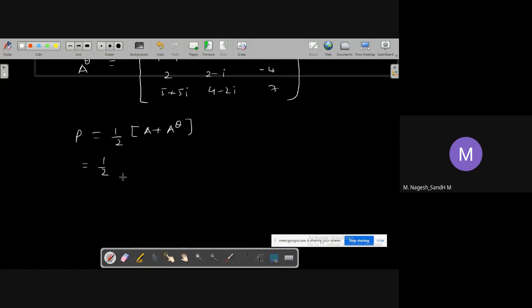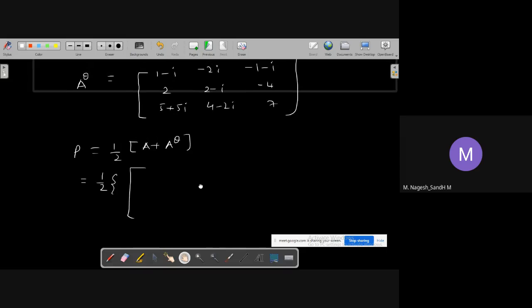Now, 1 by 2, 1 by 2, we will write the A matrix. What is the A matrix? A matrix is 1 plus i, 2, 5 minus 5i, 2i, 2 plus i, 4 plus 2i, next minus 1 plus i, minus 4, 7.